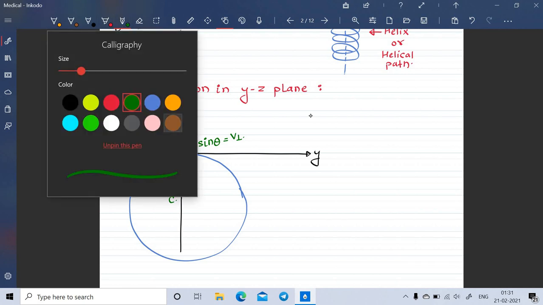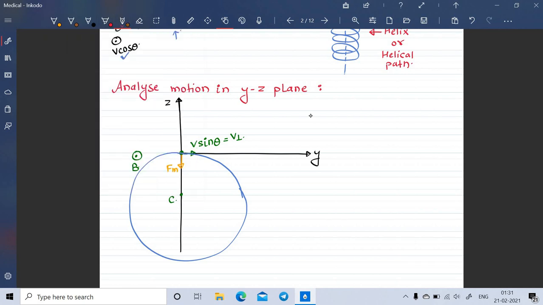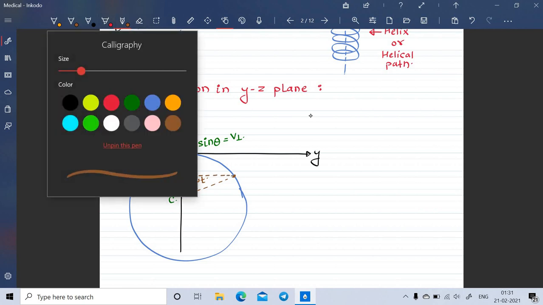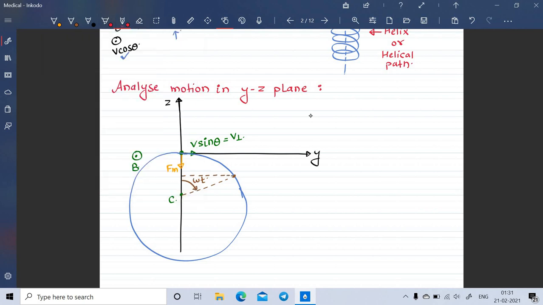Say at an instant it is present somewhere here. So obviously by that time it would have covered an angle of omega t. If I get this length, this is r.